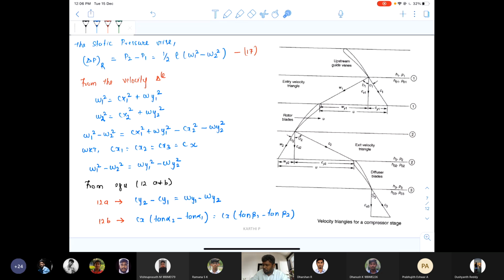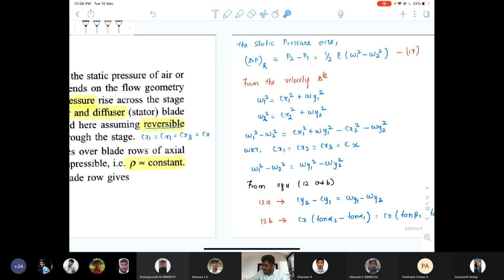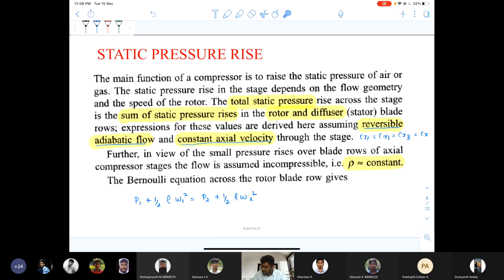Now, if you proceed in the same fashion, you can also get an equation for the diffuser, that is from section 2 to 3. As we have already seen, the total static pressure rise across the stage is the sum of the static pressure rise in the rotor and diffuser.